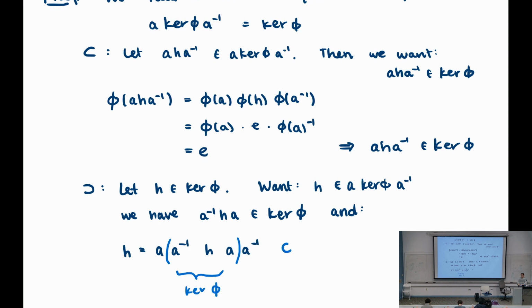So that means that this is an element of A kernel phi A inverse. Okay, and that proves that portion of the proof. And so we're done. Are there questions?